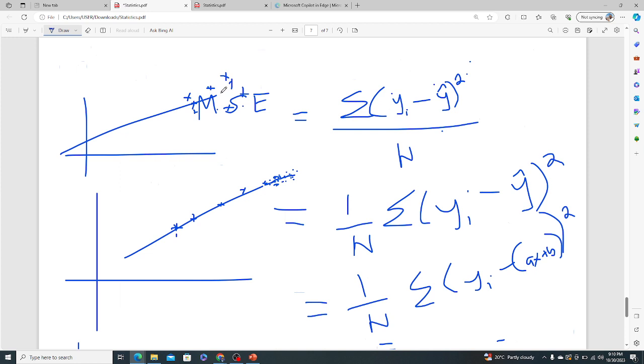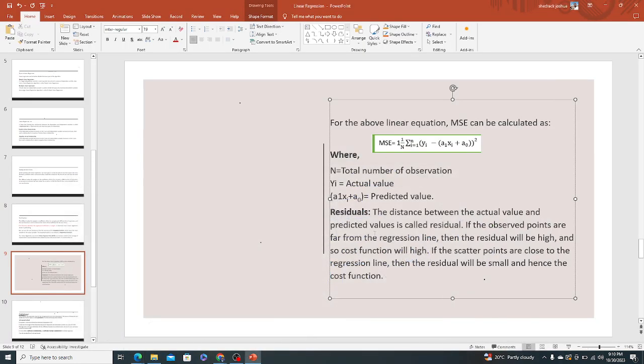Good. So that's the residuals, basically the difference between the actual value and the predicted value.